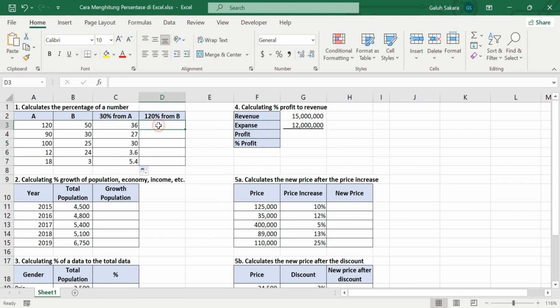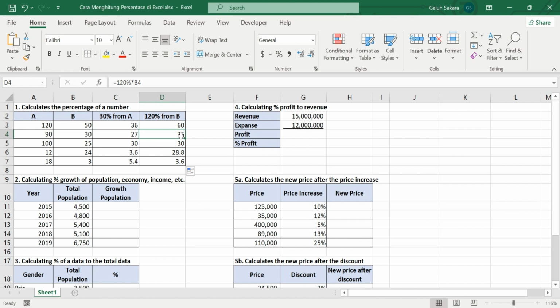Okay, drag down to copy the formula automatically without typing one by one. And how about 120% from the B data? Equal sign, 120% multiplied by B3 as the data from the B cell, and then drag down to copy the formula into the next cells without typing one by one or manually.